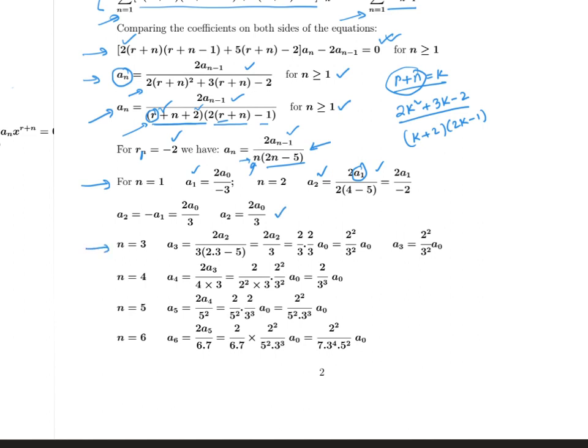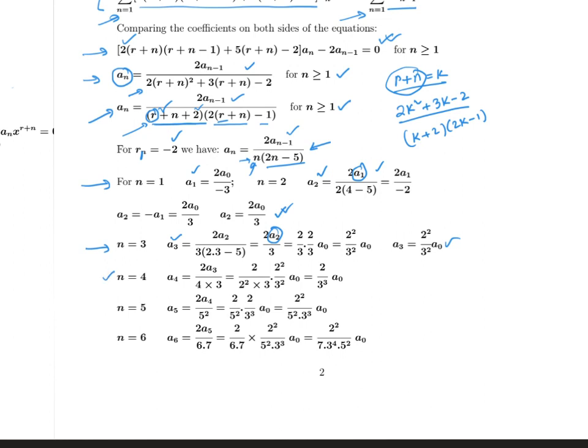Similarly, you do it for n equal to 3. Again, that's going to give you a3, and you keep going forward. Remember, you have to use the last one, right? a2. So there should be an a2 somewhere here. Here is your a2, and then you plug it in and simplify, and you're going to get this.